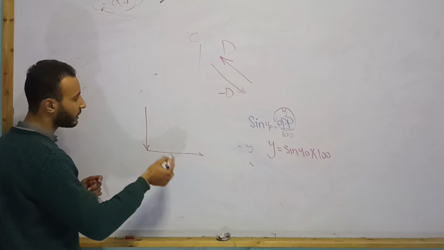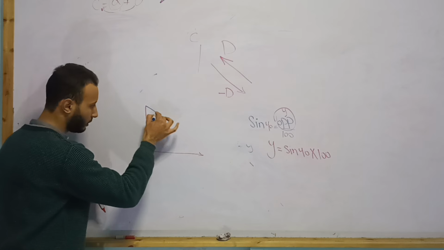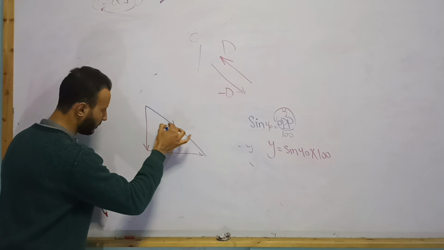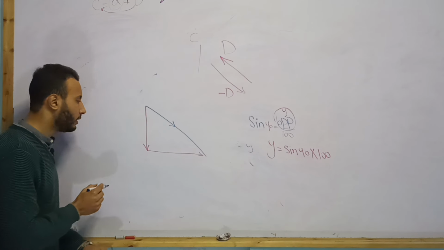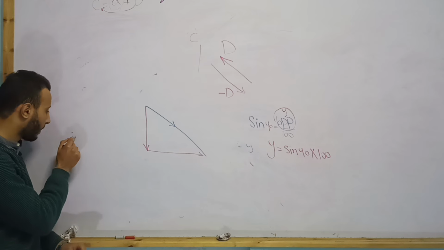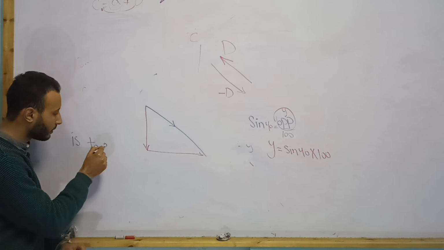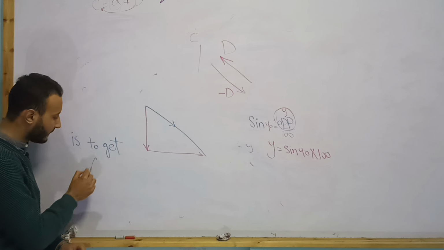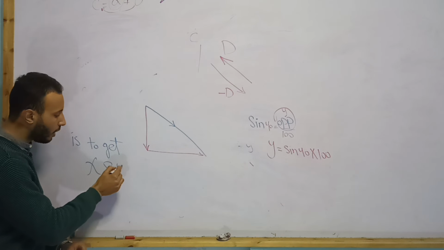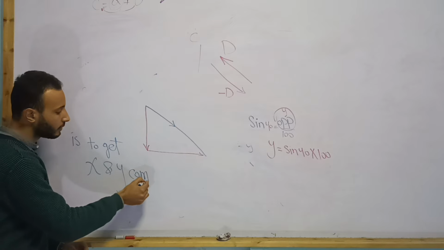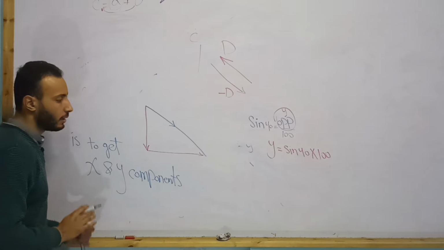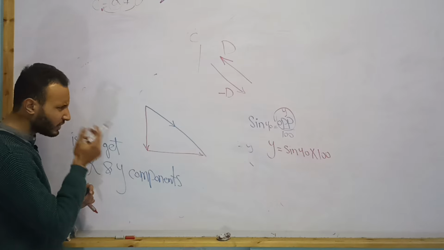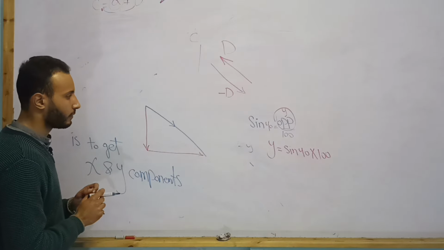So where is the resultant? The resultant from this point to this point. Okay? Sorry, the question here is to get x and y components. Okay, so where is the x and y component?